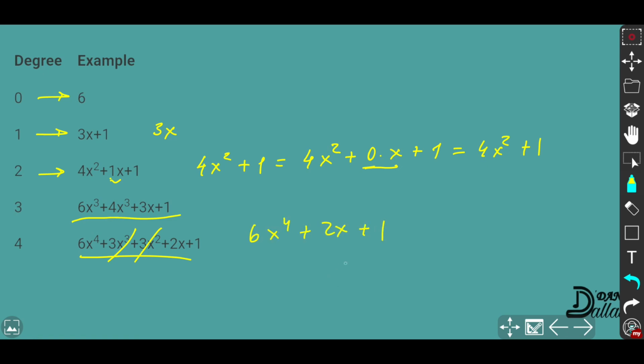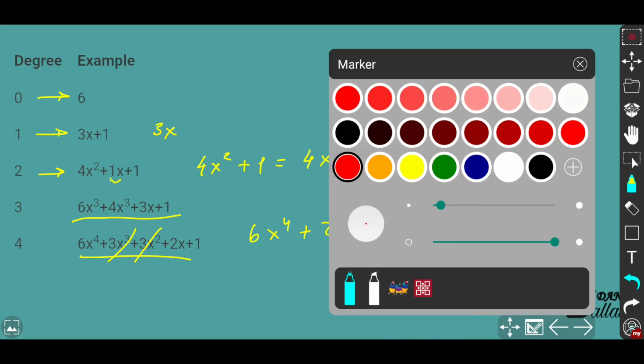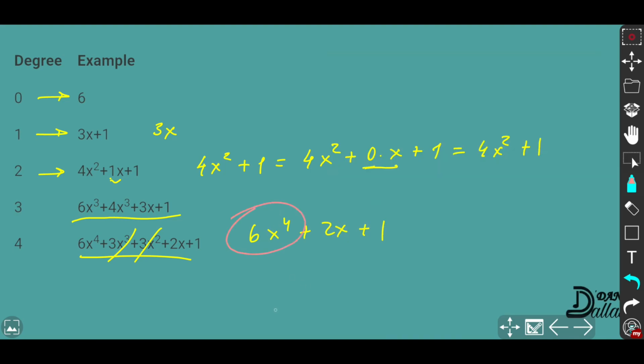This is a trinomial. However, the maximum power is still 4, so it's still p4 of x. Several terms are skipped, and that might be the case, so you need to understand that it's still a polynomial of order 4 with several coefficients being 0, okay?